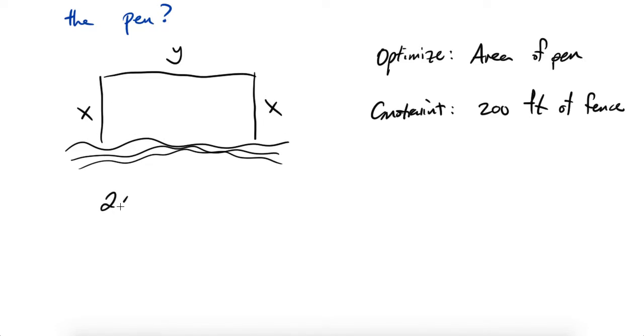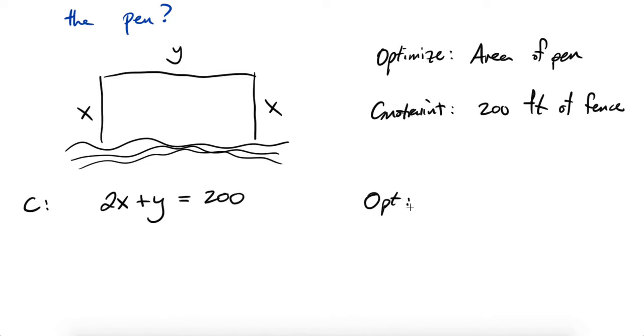So we know that 2x plus y has to be less than or equal to 200. But I'm going to assume it's actually equal to 200, because common sense tells us that if you want the biggest area pen, you're going to need to use all the fence that you have. So I'm going to set that equal to 200, and this is my constraint.